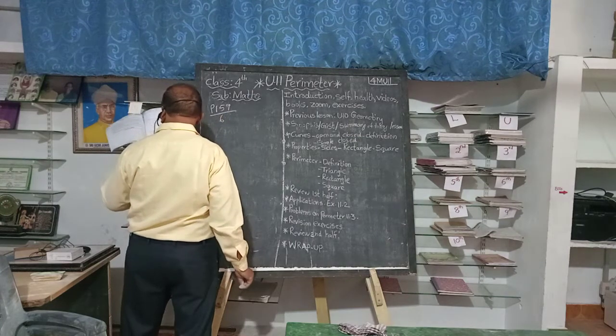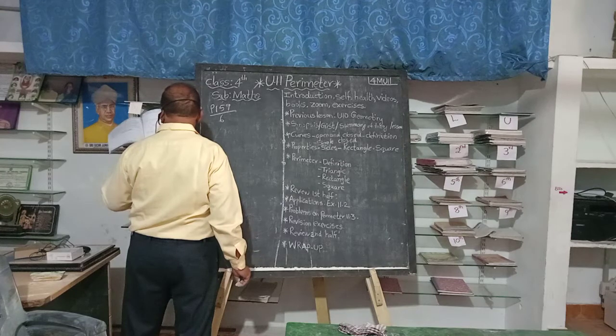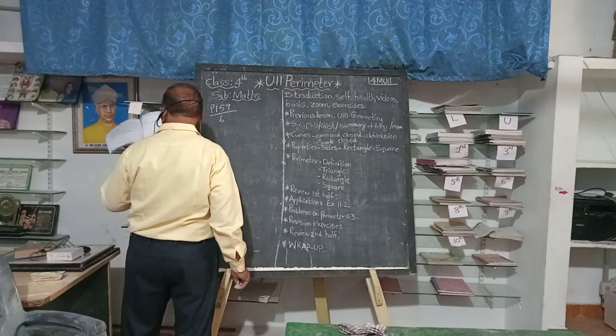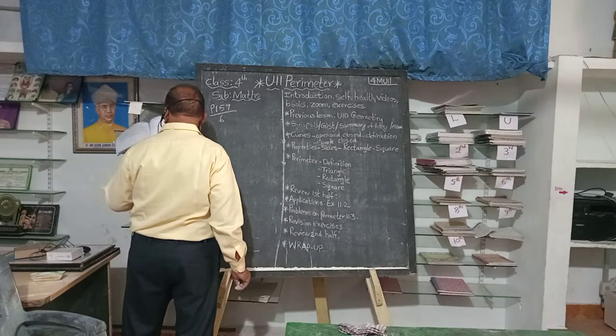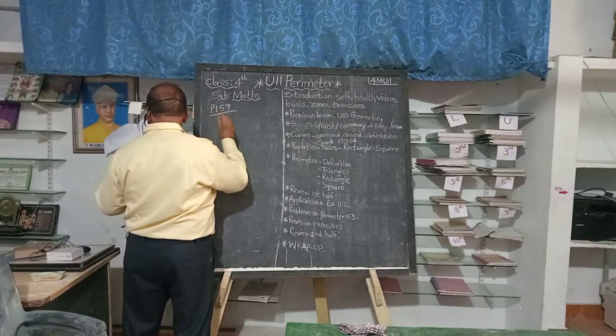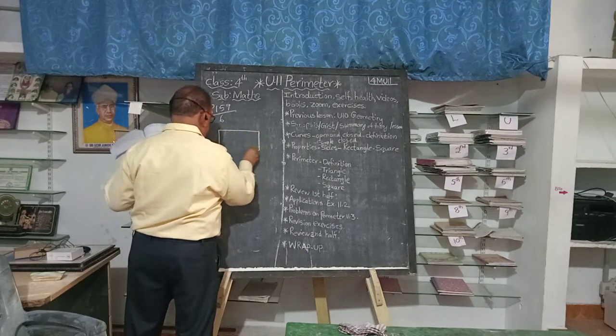Find the cost of fencing around a rectangular plot 56 meters long and 24 meters broad at the rate of rupees 12 per meter. We have to find the cost of fencing around the rectangular plot.